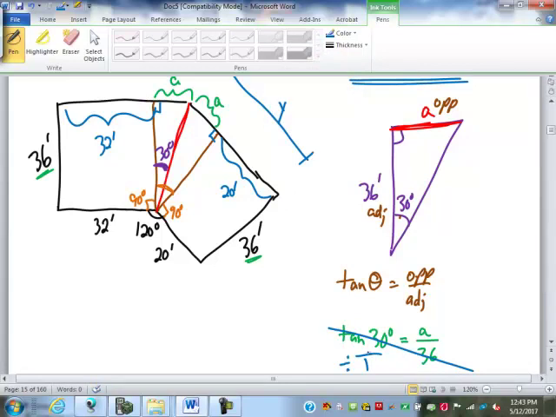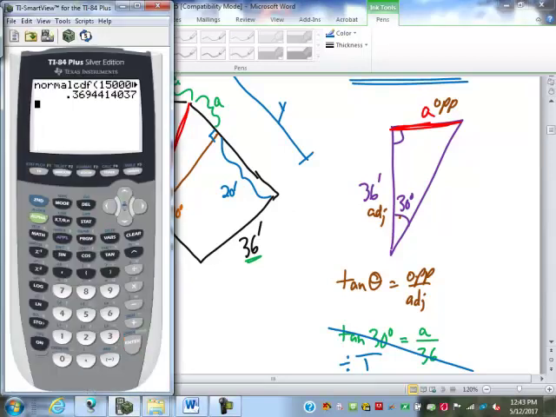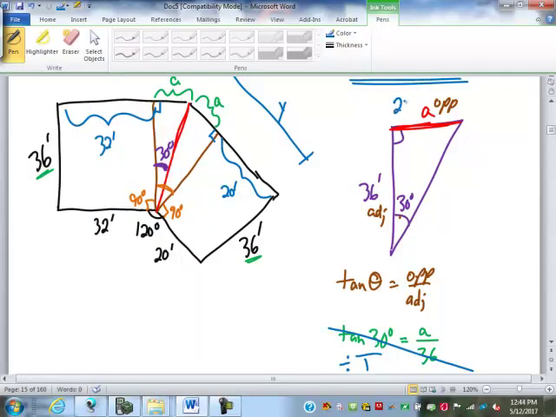So it's tangent of 30 times 36 divided by 1. Now we all know I don't have to really divide by 1. That is 20.78 feet.